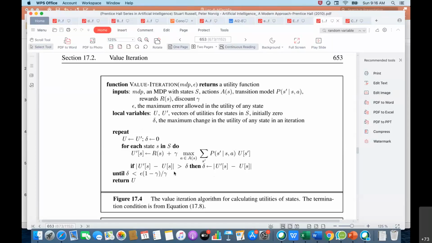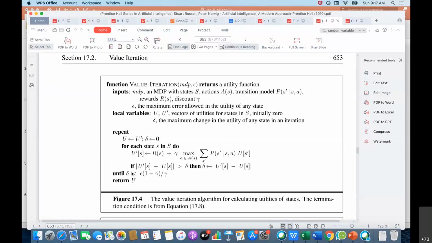If the difference is greater than delta, that is, the updated value differs from the previous value, then we set delta to be this difference, and we repeat the action until our delta is less than this error value.